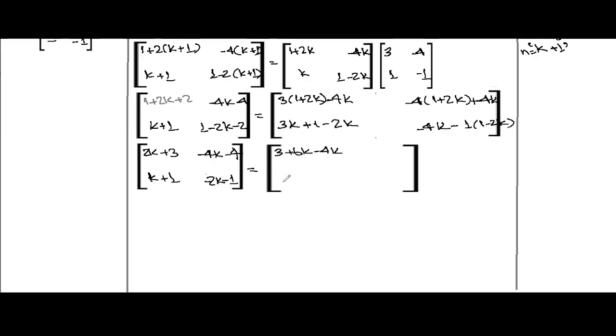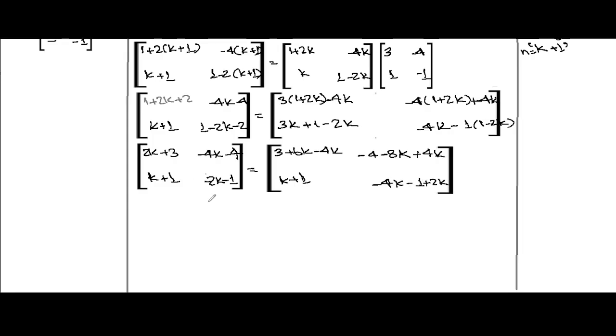Then 3k minus 2k gives us k plus 1. And then minus 4 into this entry would become minus 4 minus 8k plus 4k. And then minus 4k minus 1 into this value gives us 1 plus 2k.